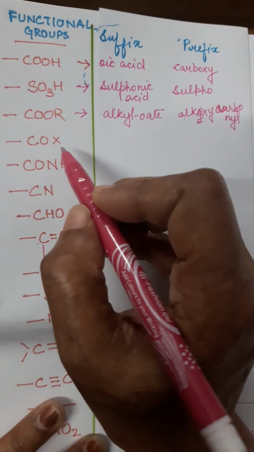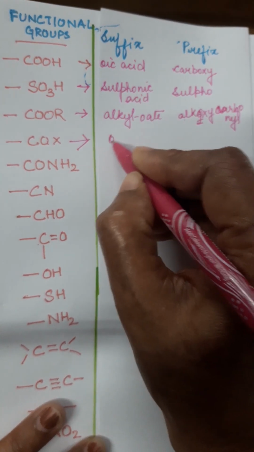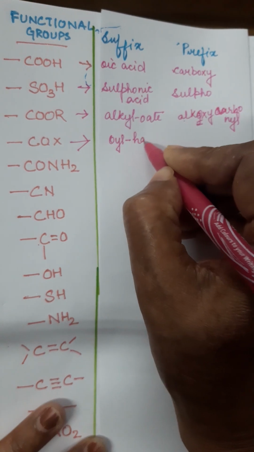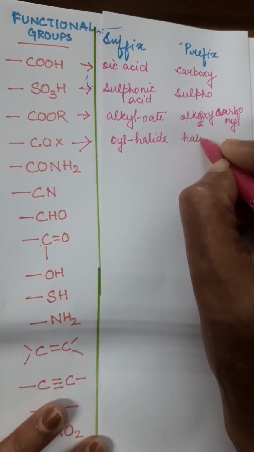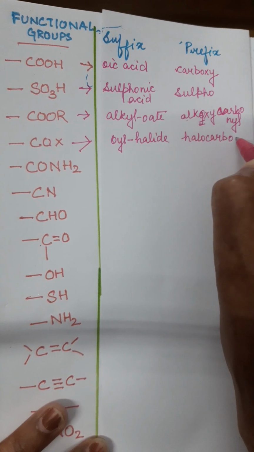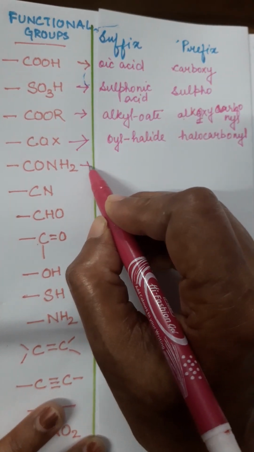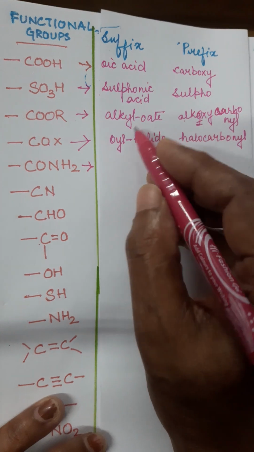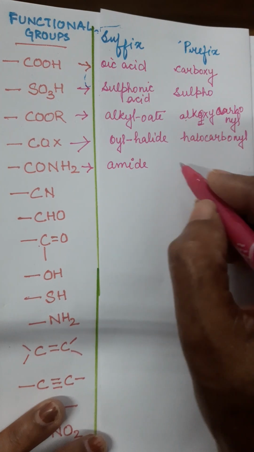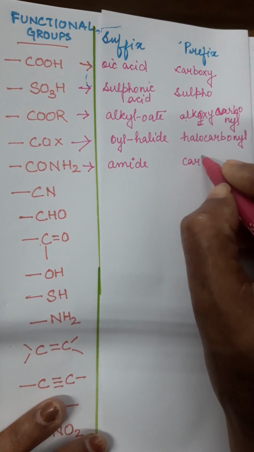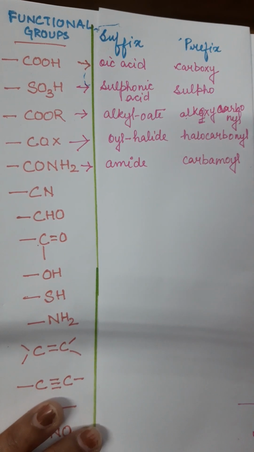Then your COX, that is acid halide, it is named as oyl halide as a suffix, and halocarbonyl as a prefix. Then CONH2, which represents an amide, is named as amide as a suffix, and as carbamoyl as a prefix.